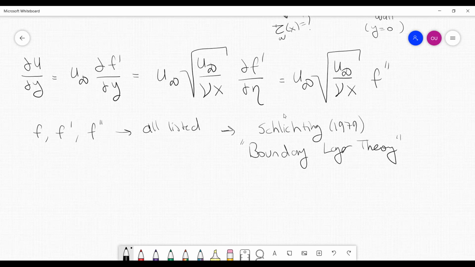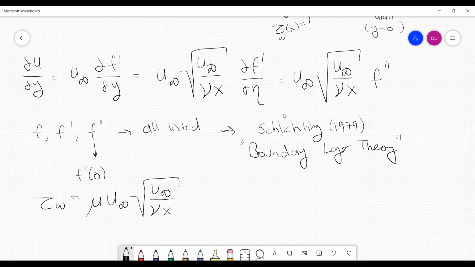So basically what we need here is that f double prime value at the wall. So we need the f double prime 0 value from that table, so that we can find out the wall shear stress. Therefore, it will be equal to viscosity times u infinity times the square root of u infinity divided by kinematic viscosity times x.